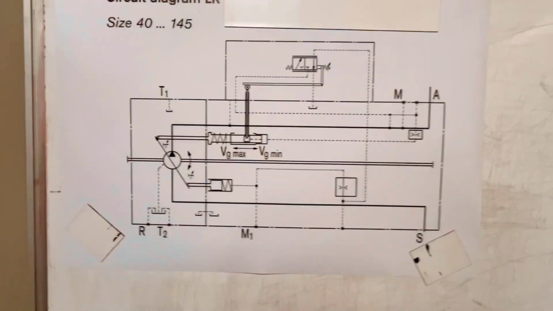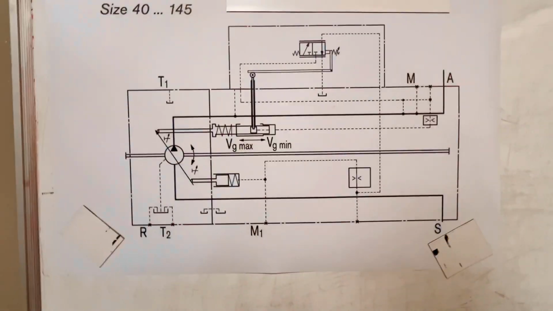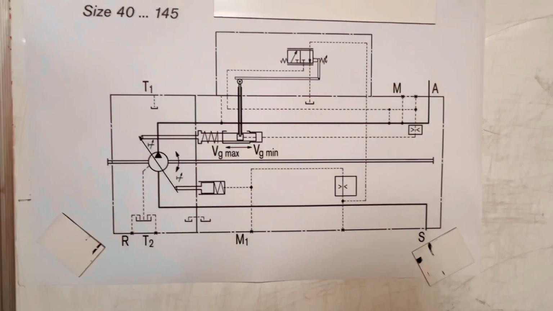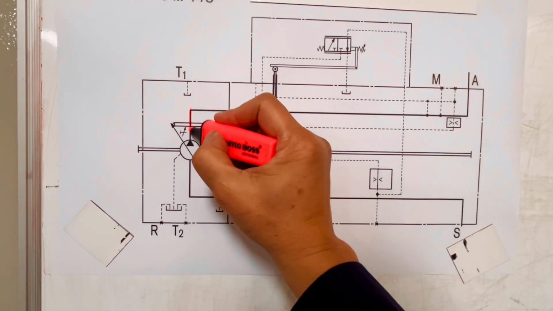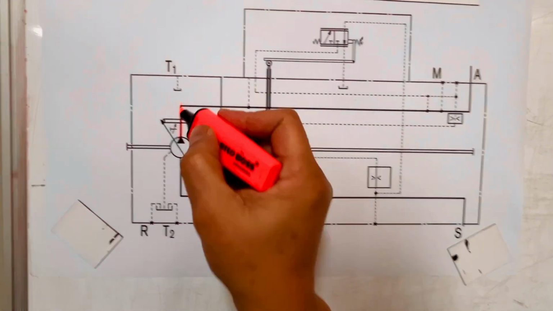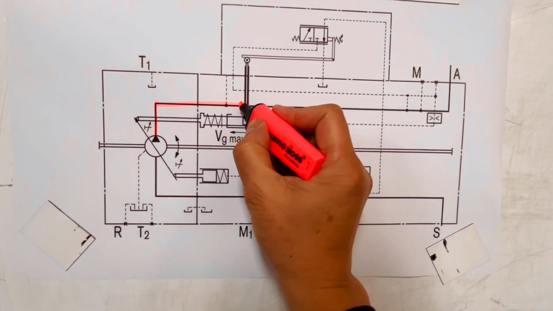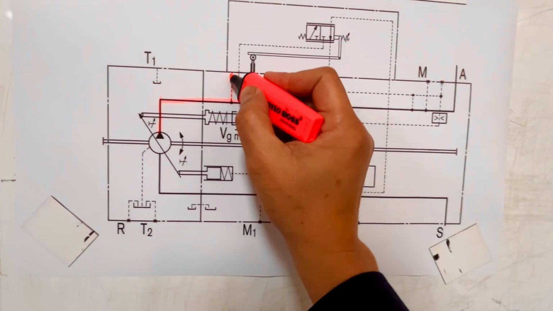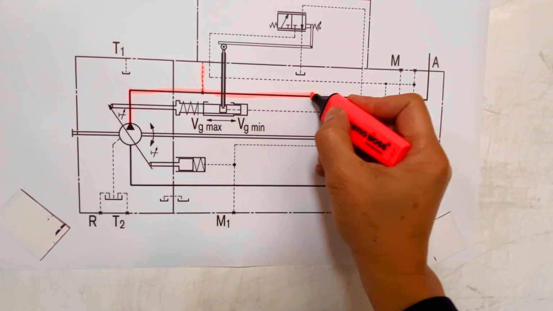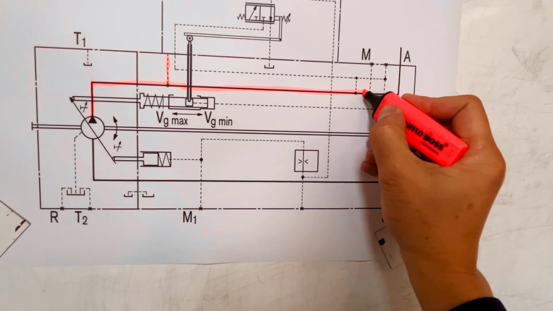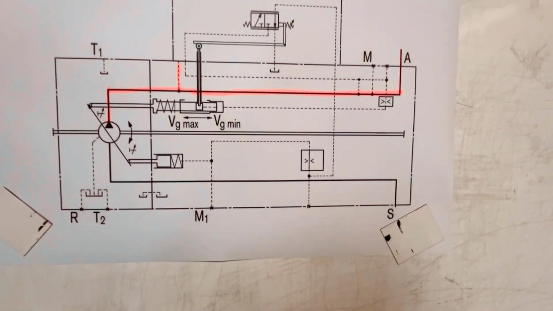Now the way it works, I think this is too easy. Let's trace the pressure. That's the pressure here, or system pressure. This is your discharge, and then it goes to the A port.